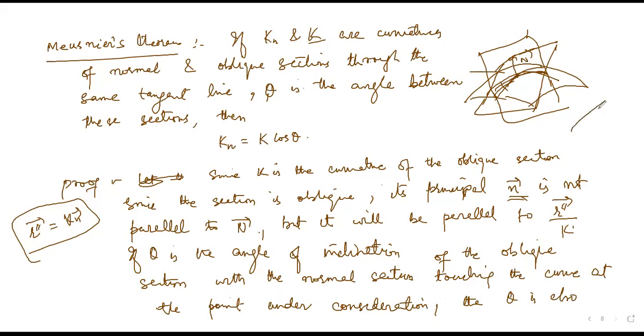If you have two planes, their angle of intersection is theta. If you take the normals to those planes, it's a bit difficult to show here, the angle between them will also be the same. Theta is also, as you do in lower classes too, the angle between the normals to the two sections.